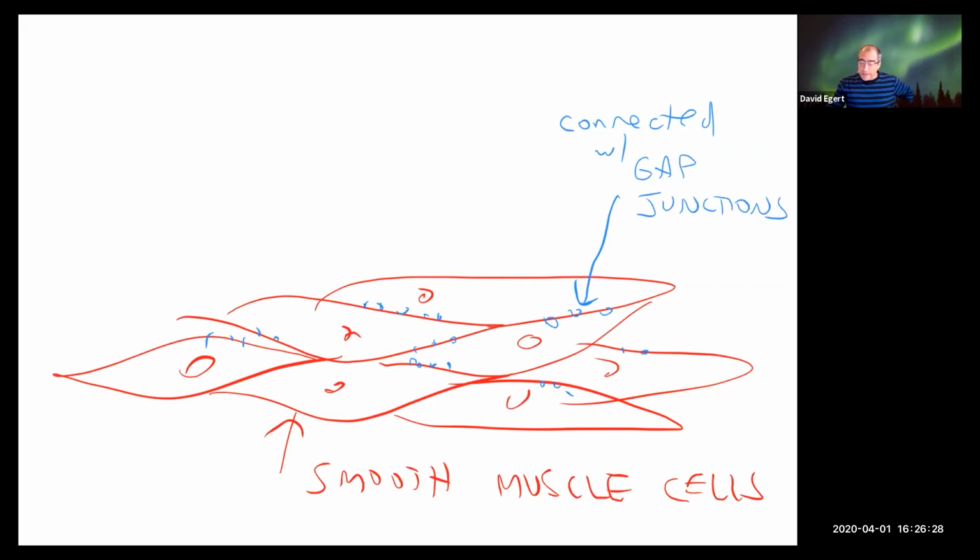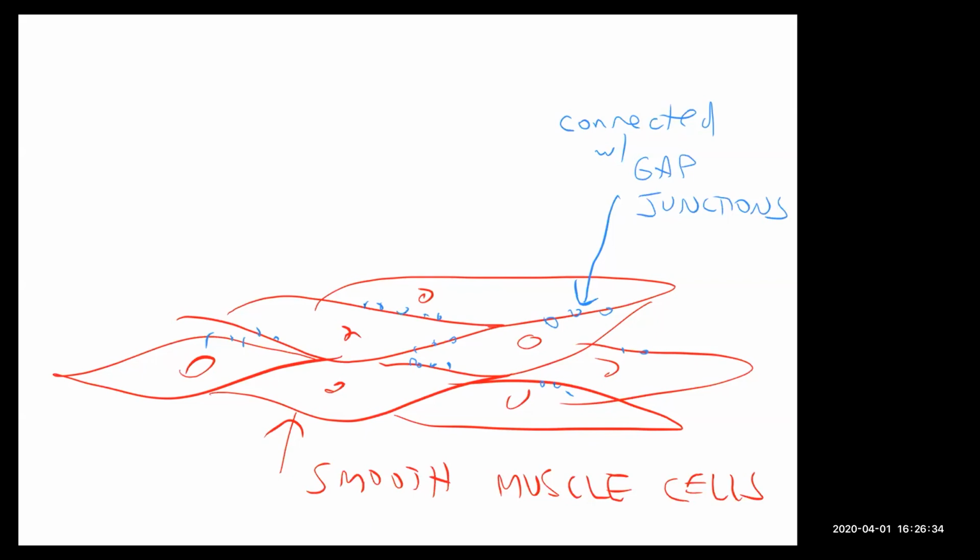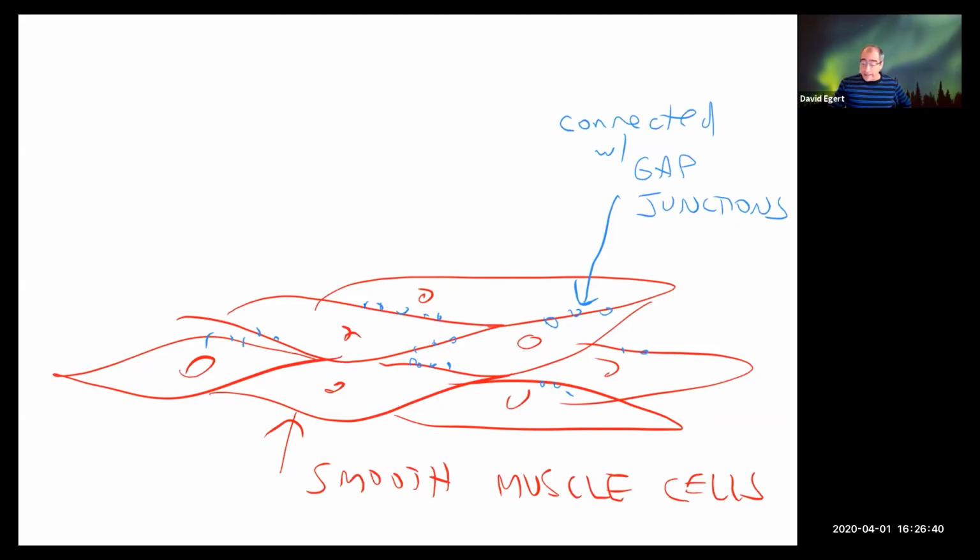What does that mean? What does a gap junction do? So electrical signals can be sent? Yeah, so it's going to electrically connect. It means if this muscle cell here is depolarized, that is going to directly excite its neighbor.